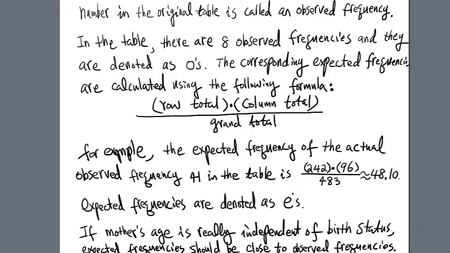So the expected frequency is 48.10. Expected frequencies are denoted as E's. You can denote these as E11, E12, E21, E22, E31, E32, E41, E42. So E42 means the fourth row and second column.